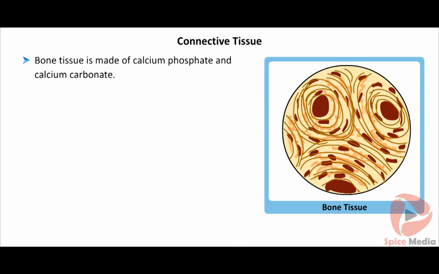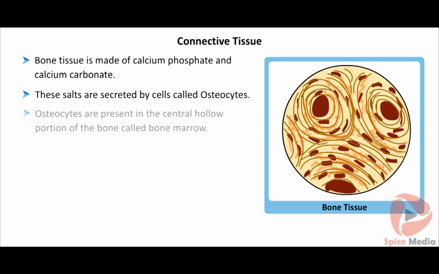Bone tissue is made of calcium phosphate and calcium carbonate. These salts are secreted by cells called osteocytes. Osteocytes are present in the central hollow portion of the bone called bone marrow.